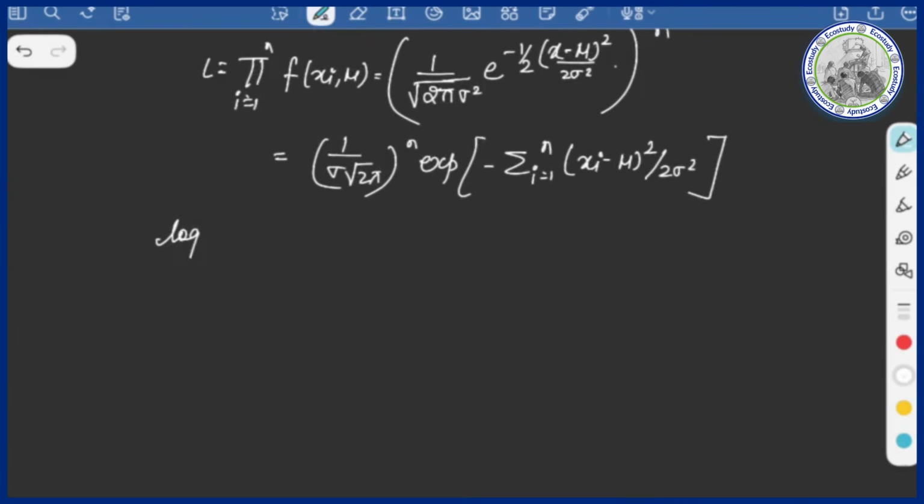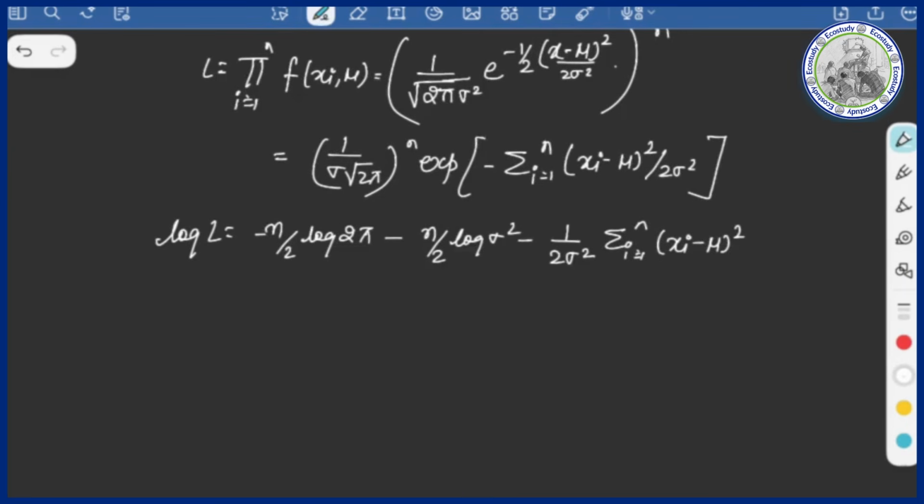Take the log. Why have we taken log? Log is an increasing function, that's why we can take it. Log L is minus n upon 2 log 2 pi minus n upon 2 log sigma square minus 1 upon 2 sigma square sum over i equal to 1 to n of (xi minus mu) square.